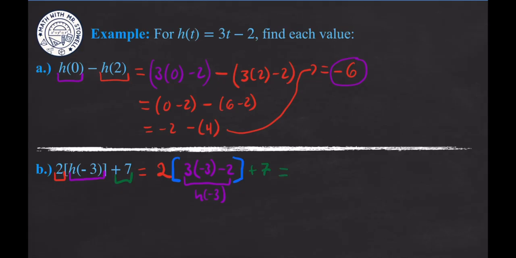Now let's go ahead and just evaluate this. Work inside the parentheses first. So we have 2 times, this would be negative 9 minus 2, plus 7, which gives us 2 times negative 11 plus 7. 2 times negative 11 is negative 22 plus 7. And that's going to give us negative 15.